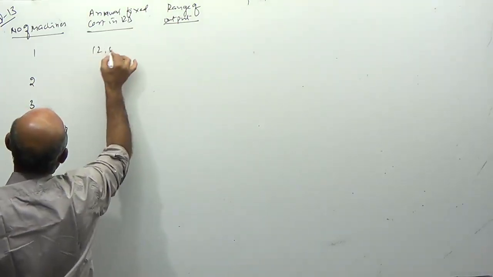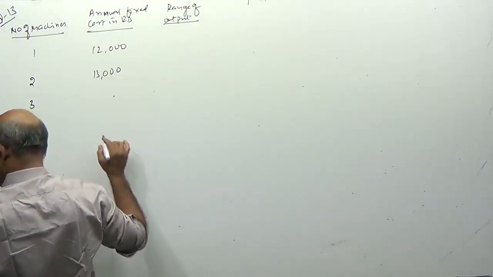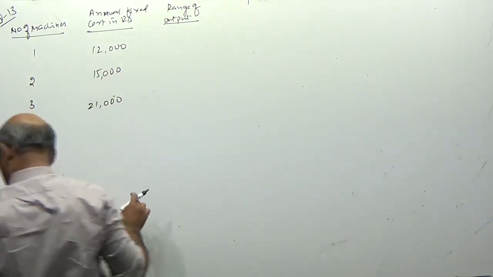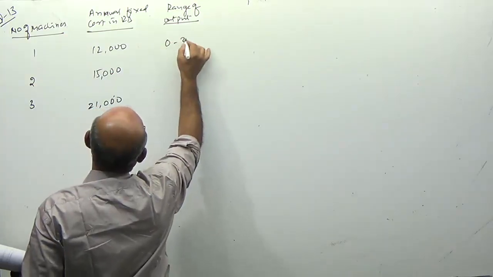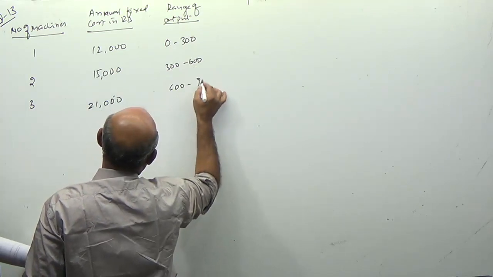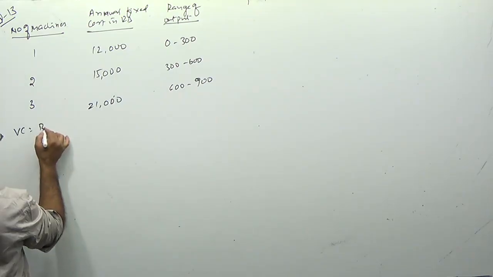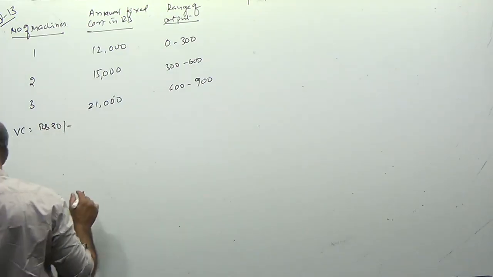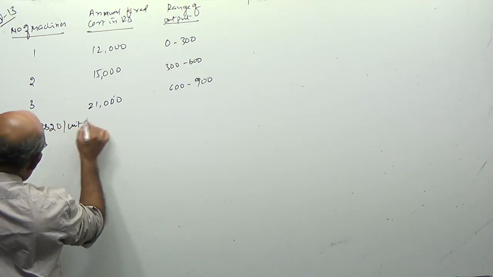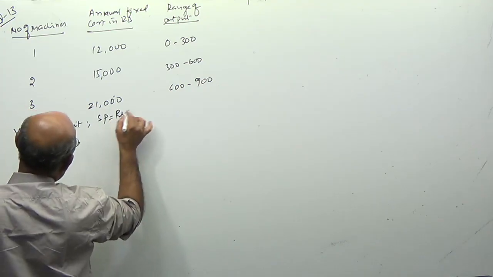Fixed cost is given as 12,000 rupees, 15,000 rupees and 21,000 rupees. Range of output: 0 to 300, 300 to 600, 600 to 900. Variable cost is given as rupees 20 per unit. Selling price is given as rupees 50 per unit.